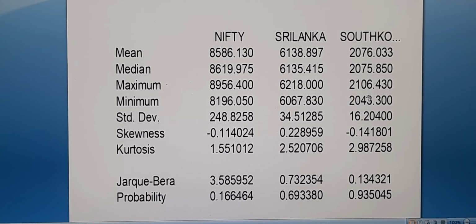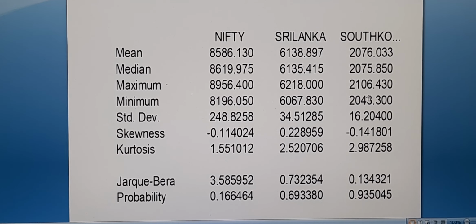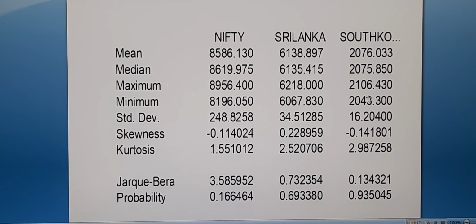In the first column, there is mean, median, maximum, minimum, standard deviation, skewness, kurtosis, and Jarque-Bera and its probability.